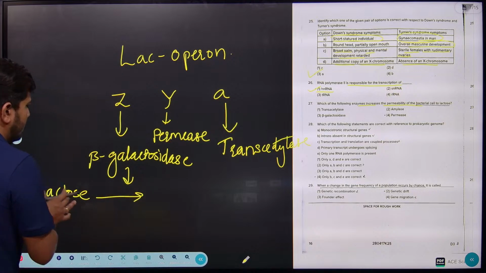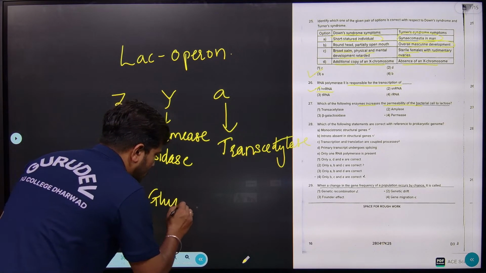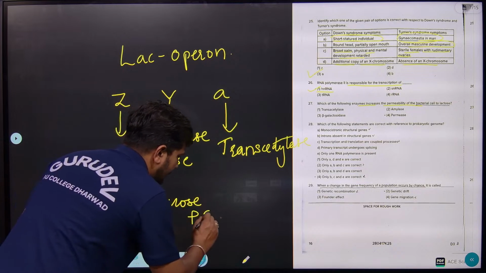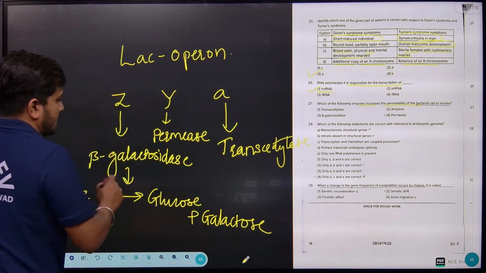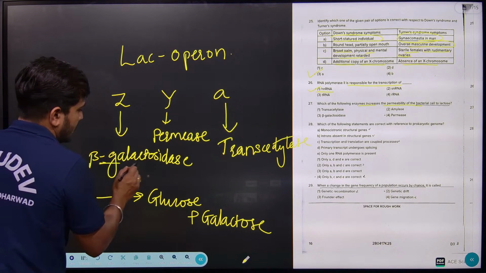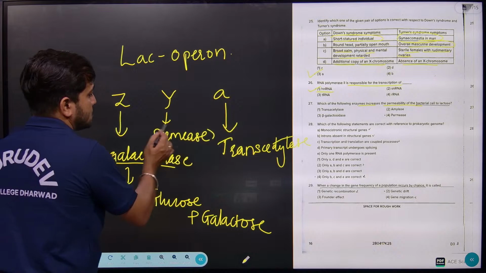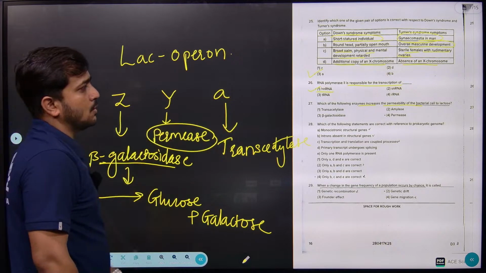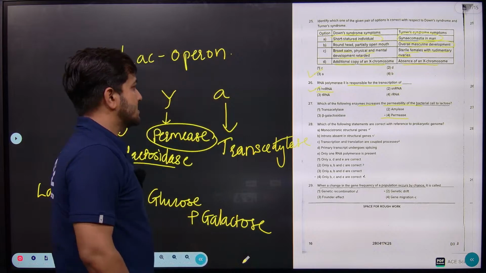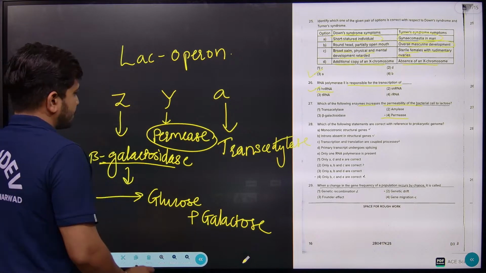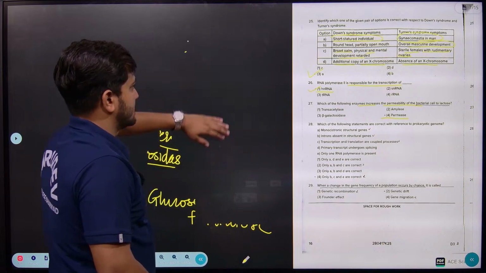Lactose will get converted into glucose and galactose here. That is done by beta galactosidase. But who will give the permissions? That is what the name permease itself will tell you. So permeability, permease enzyme, right? So that is the 27th answer, the permease, right?